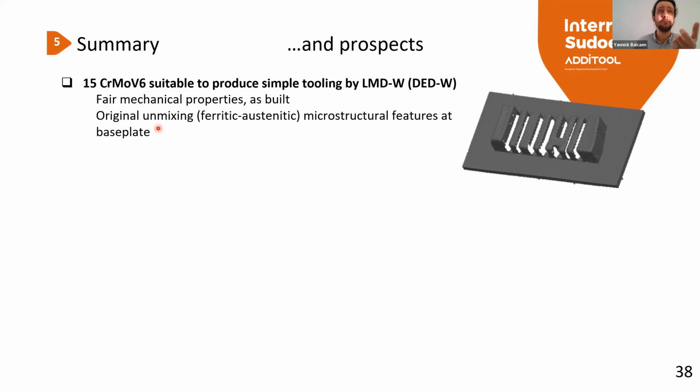We have an original mixing of austenitic base plate and ferritic build part. It's an original feature, but we have good mechanical properties in as-built condition.